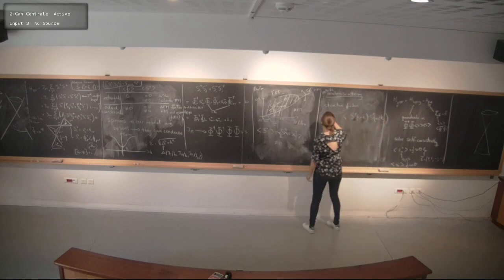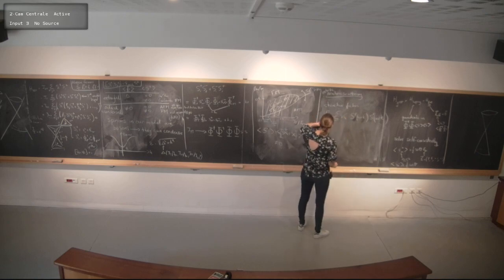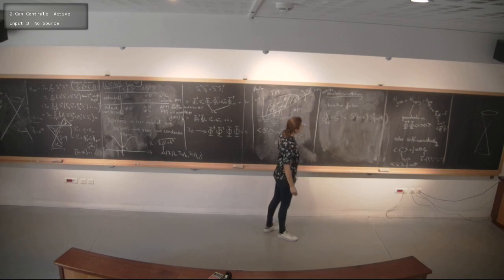And so we had this thing which was some sum, and there was some stuff here depending on mu and nu. And so this is measured at k and omega. Okay.